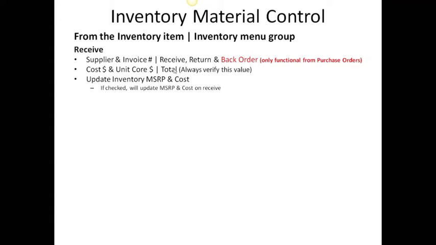That's the extension on the supplier invoice. If you wanted to automatically update your MSRP and cost, if the boxes are checked, it will automatically update, or you can override those settings. And to set your defaults for the update, go under the location settings, purchases.